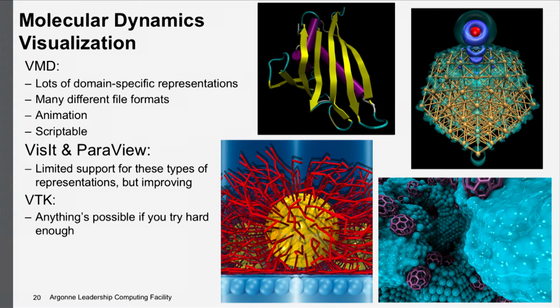Again, you can do animation, and these tools are scriptable. VisIt and ParaView are, I would say, improving in this area. This has not been their main focus for the domain-specific stuff, but there is some support for it, and that's been growing. And VTK, of course, anything's possible if you try hard enough.